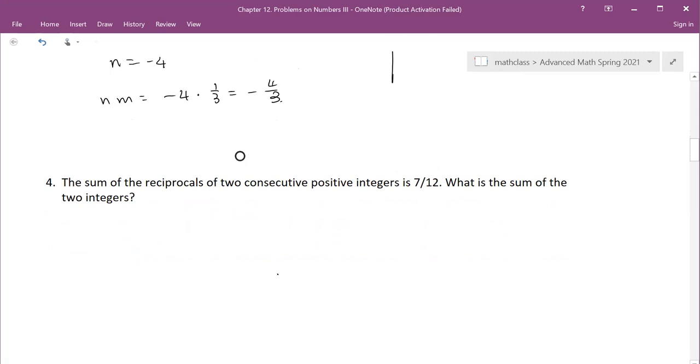There are two different ways to solve the problem. Write down the equation first. For the unknown, there is essentially only one unknown here because there are two consecutive positive integers. Remember, right? One is denoted by n, the other one is n plus 1. So it's just one variable.